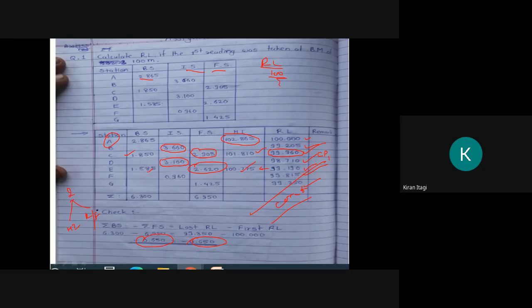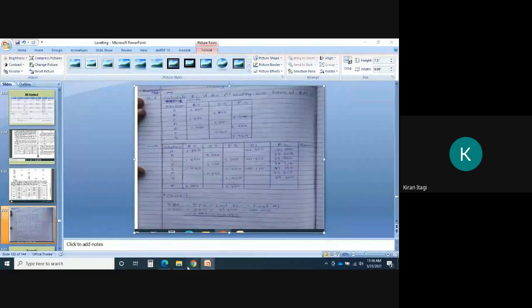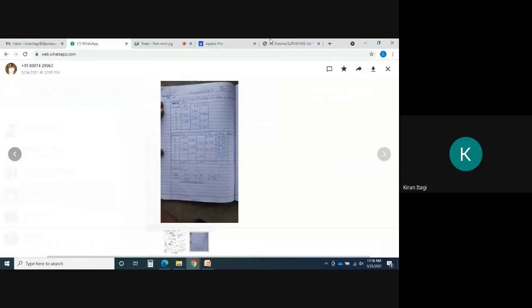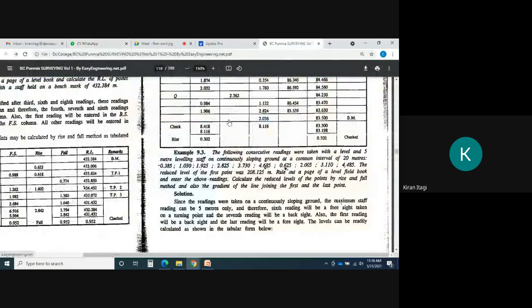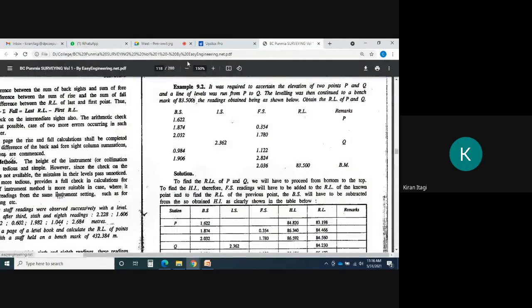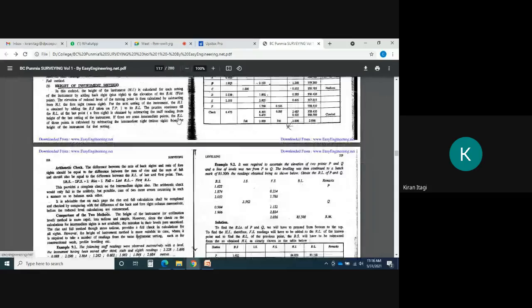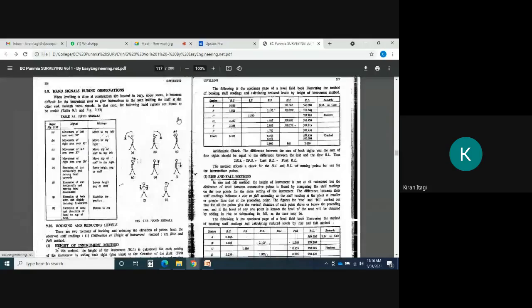Next we will go for reciprocal leveling. Numerical on reciprocal leveling, very easy one. We have seen differential leveling and stepping leveling.